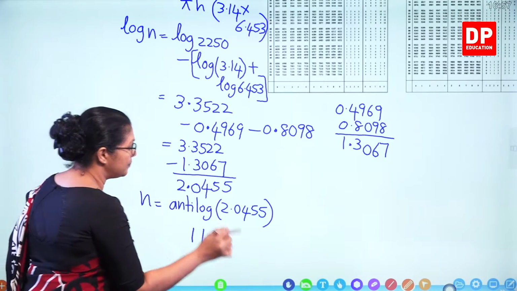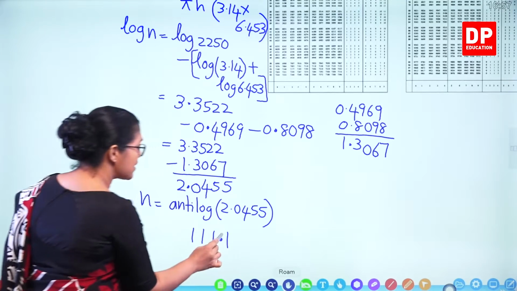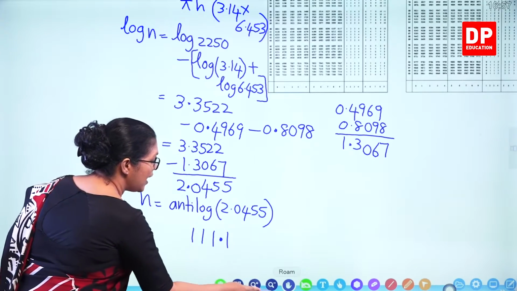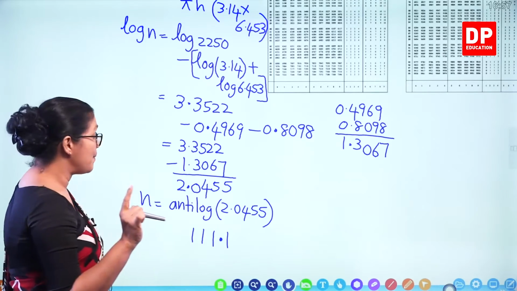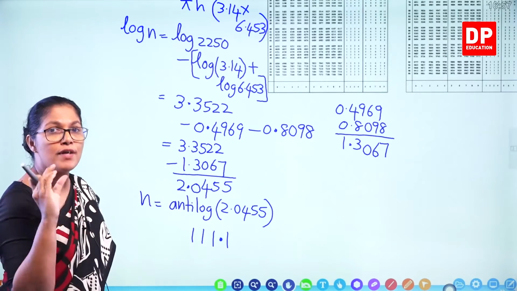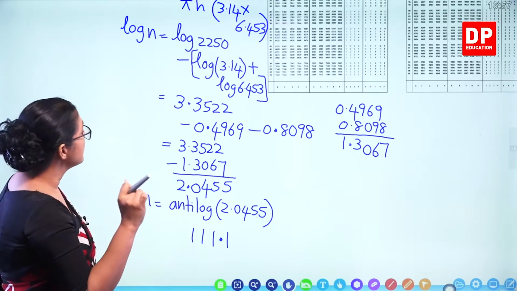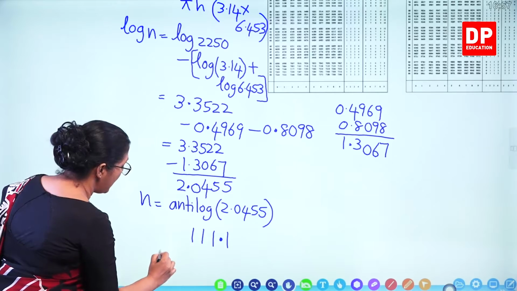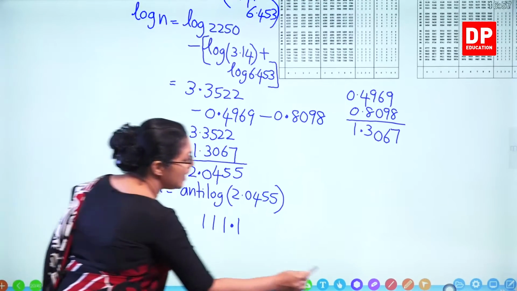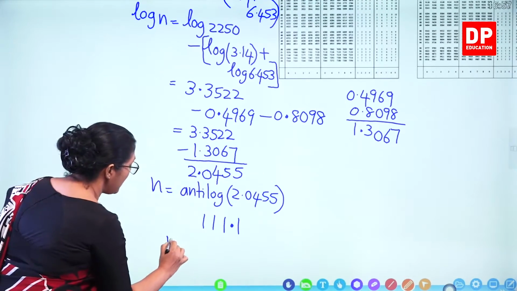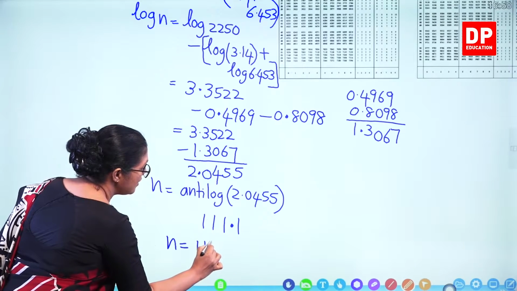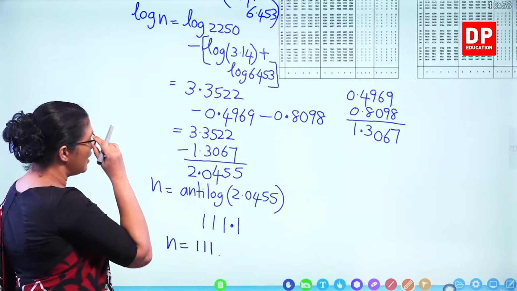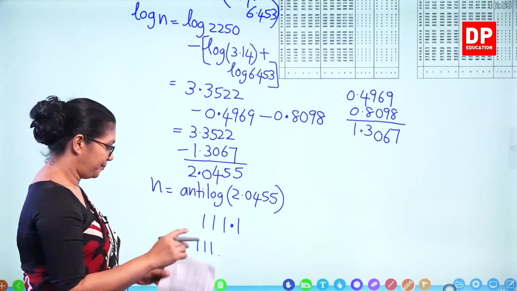So what's the maximum number? N should be a whole number because N is the number of coins, number of medals. So what's the N value then? N is 111. That's the maximum number.